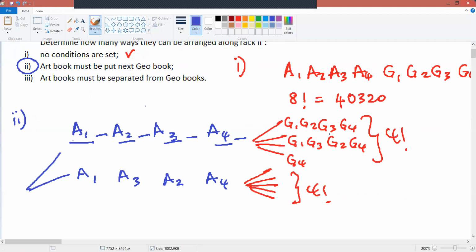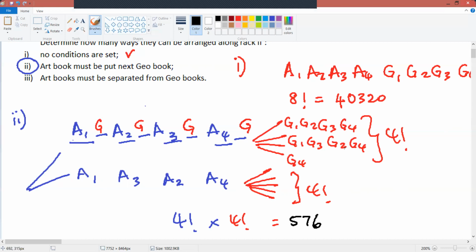So if I calculate the total arrangement, where each of the G must be put here, it will be 4 factorial multiplied by 4 factorial. If you calculate properly, what I get is 576. Understand?